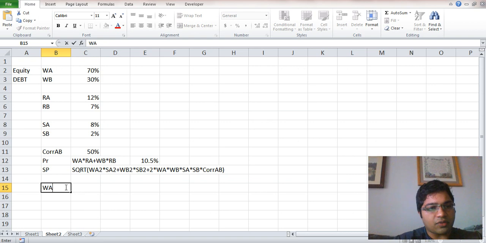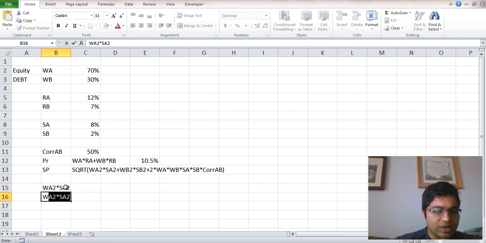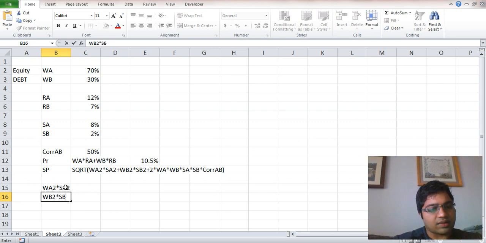First solve for weight of asset A whole square multiplied by standard deviation A whole square. Then solve for weight of asset B whole square multiplied by standard deviation B whole square.